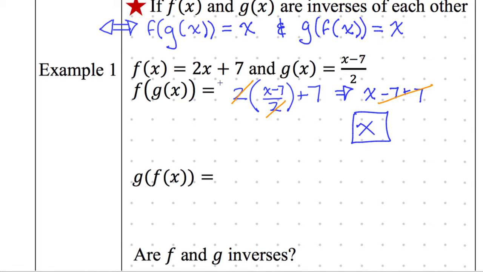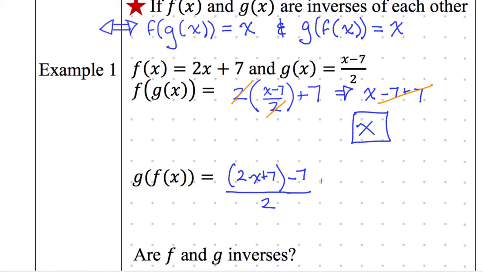Go for it, Eva. Okay, so I plugged in the equation of f in the equation for g of x, and I got 2x plus 7 minus 7 over 2. Okay.